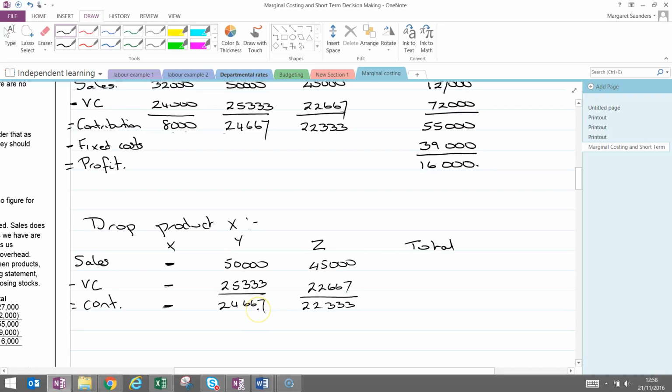So in total, I'm not going to add all the figures up, but if we just look at the contribution, we're now making £47,000 contribution just from product Y and product Z. We deduct fixed costs of 39,000 and we have a profit.